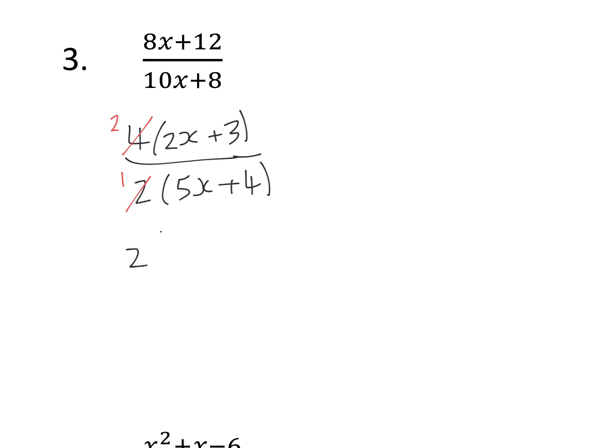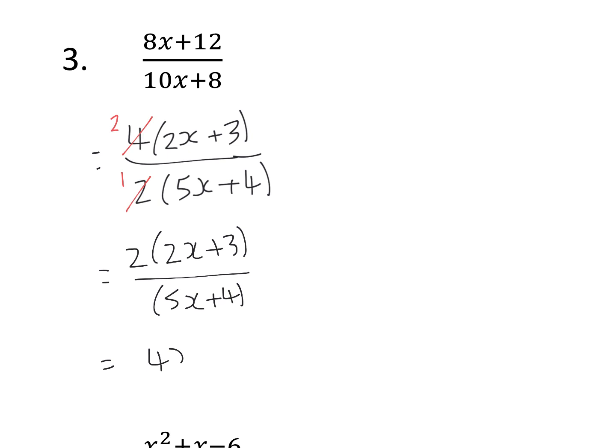That leaves us with 2 of the numerator, and just 1 of the denominator, which we would leave as 5x plus 4. Don't even need brackets around the bottom one. That would get you full marks. You could leave it, if you expand it out, as 4x plus 6 over 5x plus 4.